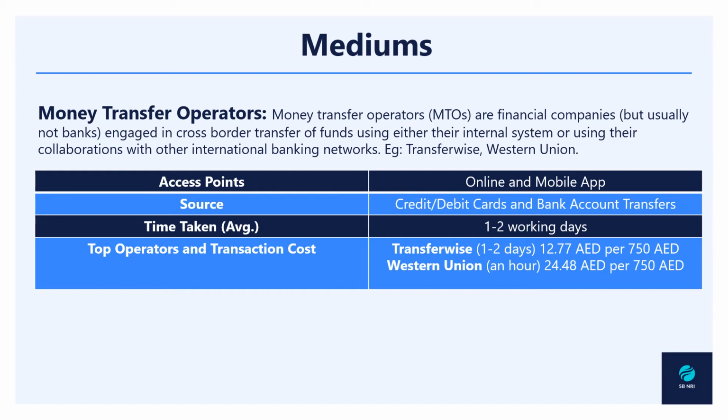You can use your credit or debit cards as well as bank account transfers, and the average time taken is again 1 to 2 working days. The top operators under this segment in terms of UAE are TransferWise and Western Union. TransferWise will typically take 1 to 2 days and cost you around 12.77 AED, whereas Western Union will transfer your money within an hour, but the transaction charges will be twice when compared to TransferWise, which is 24.48 AED.